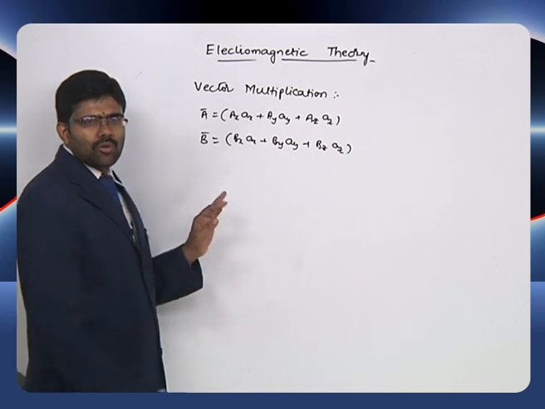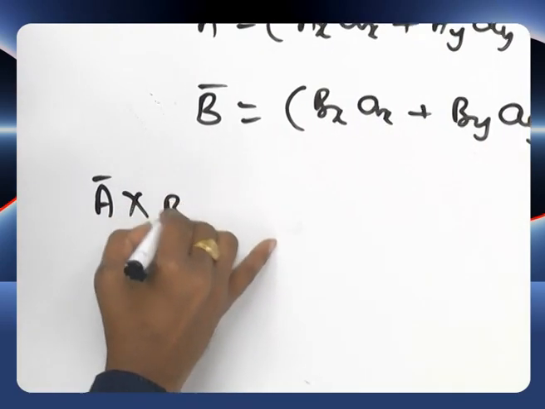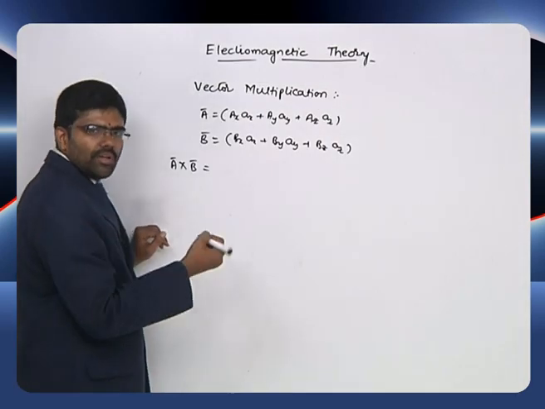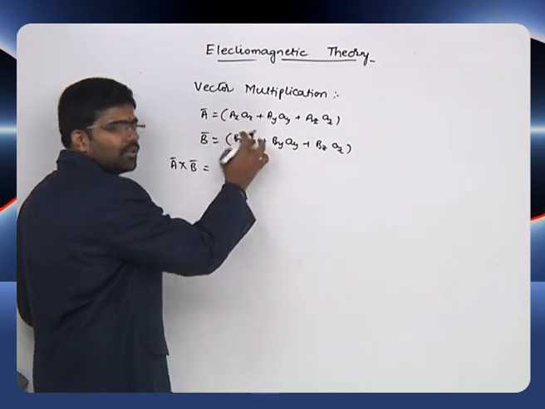Now what I have to do is get the cross product between these two. For that, consider a bar cross b bar. Here what I am doing is the same as our previous one: I will consider point to point multiplication with their unit vectors.